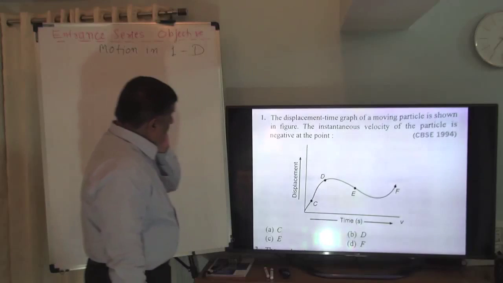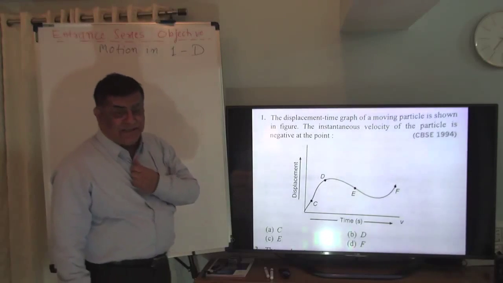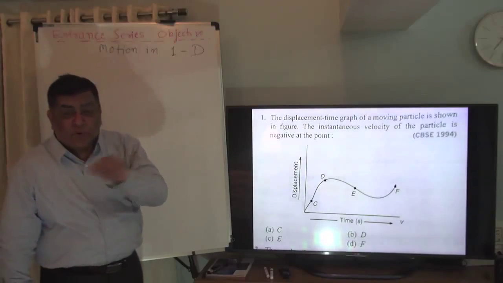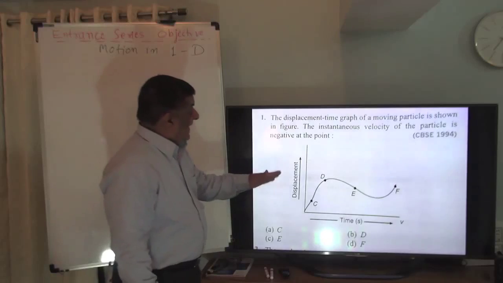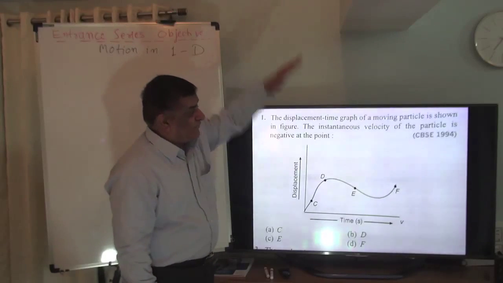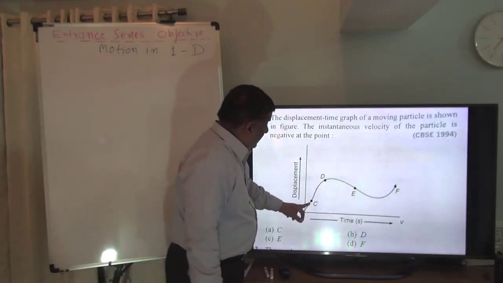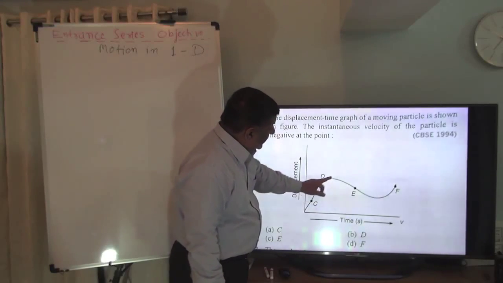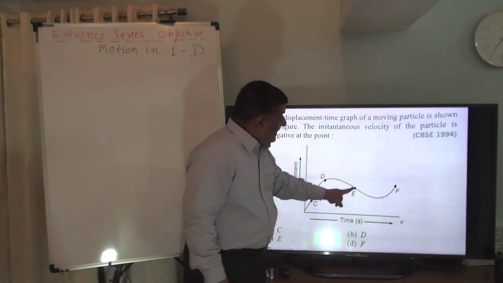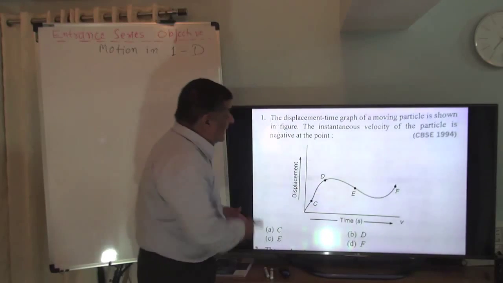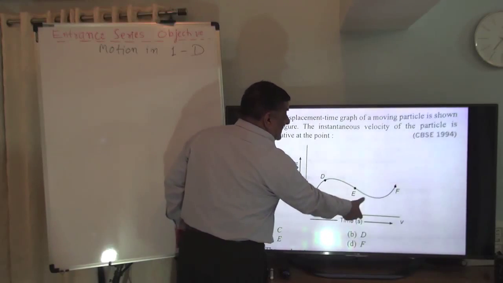The velocity in a displacement-time graph is given by the slope of the graph. And when the line is going up, the slope is positive. When the line is going down, the slope is negative. Here the line is going up, going up, going up. Here the line is going down. Only at one location is the line going down. What does it mean? Here the displacement is more, here the displacement is less.